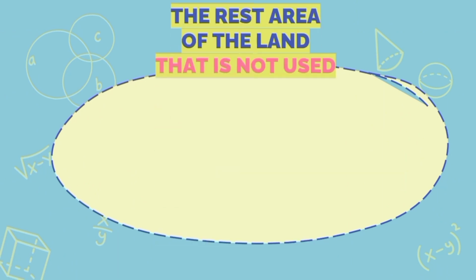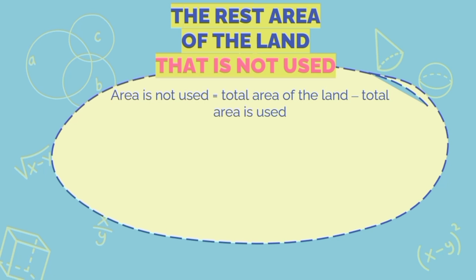The total land area is 10 hectares and the total planted area is 38/5 hectares. We just need to do the subtraction: 10 hectares minus 38/5 hectares to find out the area of land that is not used.